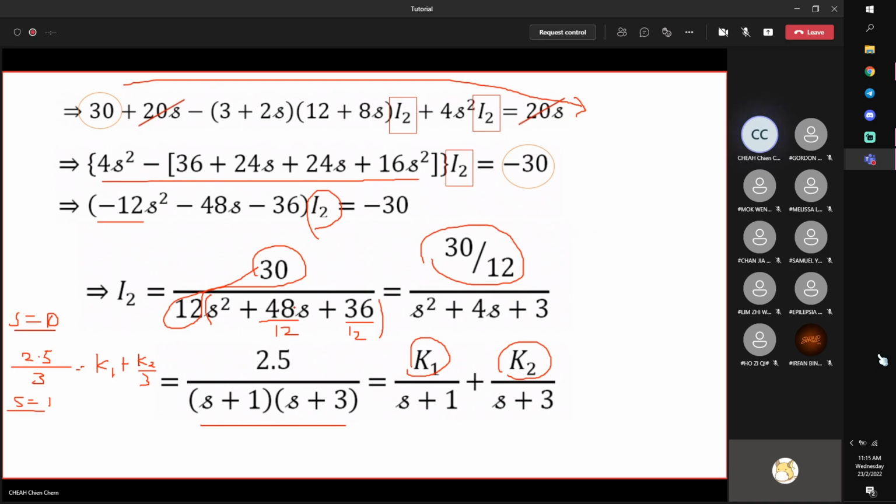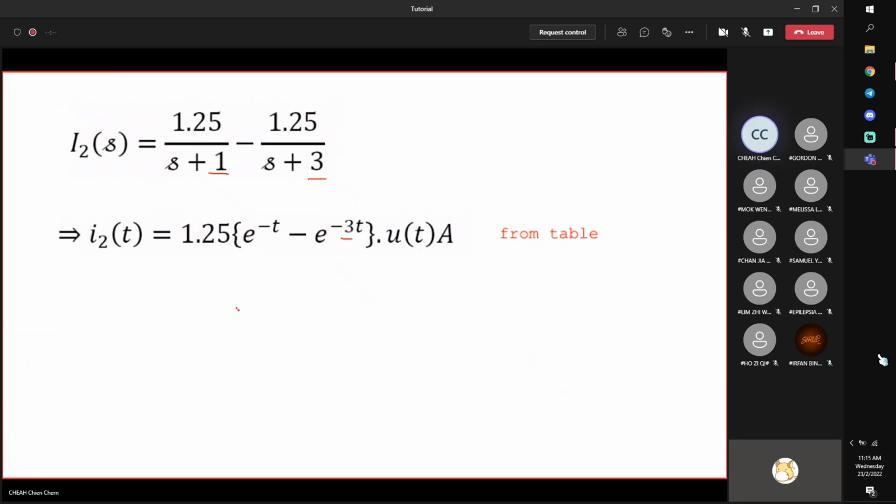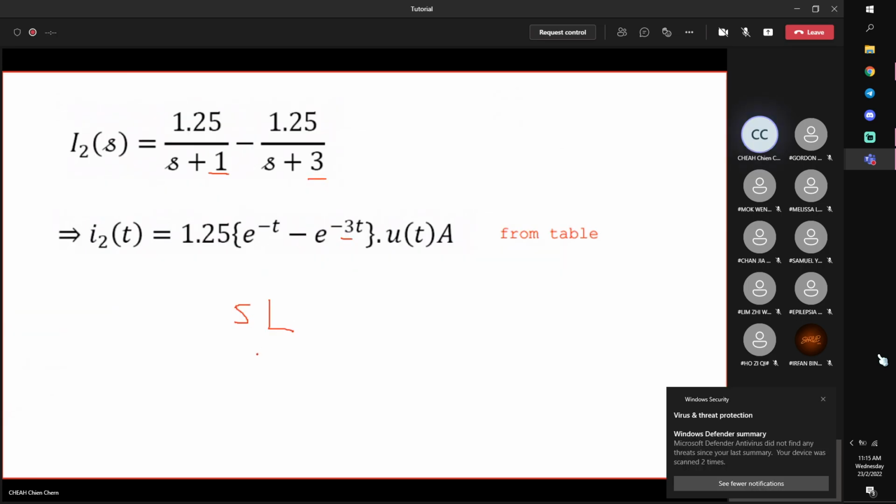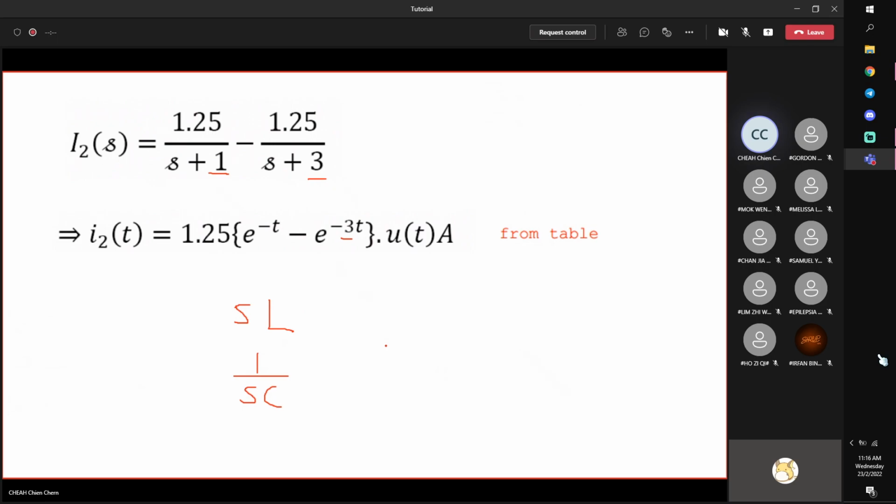I hope everybody gets the key ideas. By transforming your capacitor and inductor models into s domain models, that means sL and 1 over sC, and also considering the initial conditions, we can analyze the circuits as if they were resistor networks.